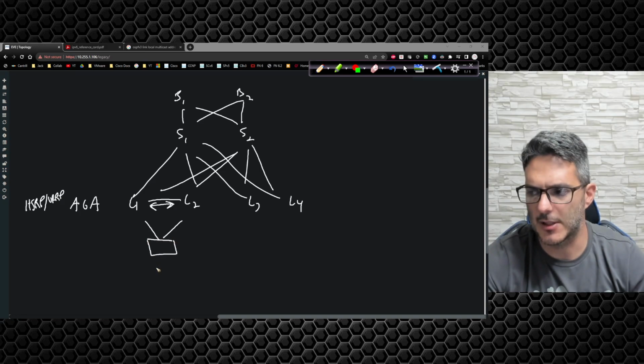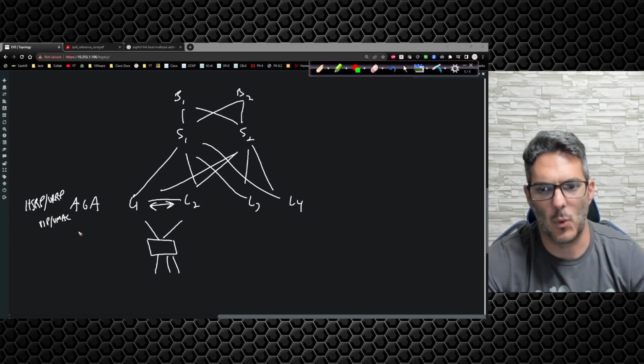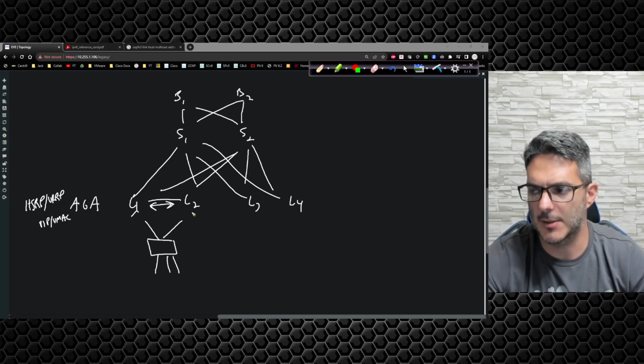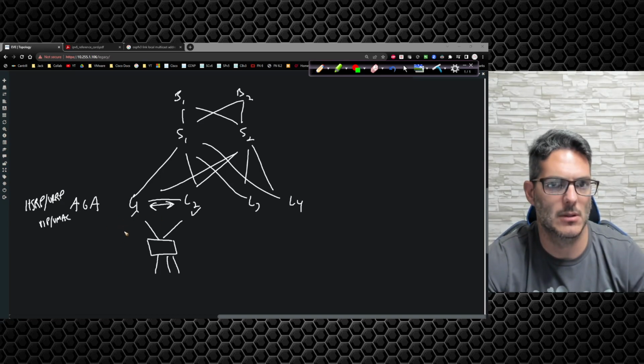You've got a switch sitting here and you get devices plugged into it. With HSRP and VRRP, there is a virtual IP and virtual MAC address assigned for that gateway redundancy mechanism to respond to your end users. So regardless of if this guy's up or if this guy's up, one of the two is going to be responding to your end user's requests.